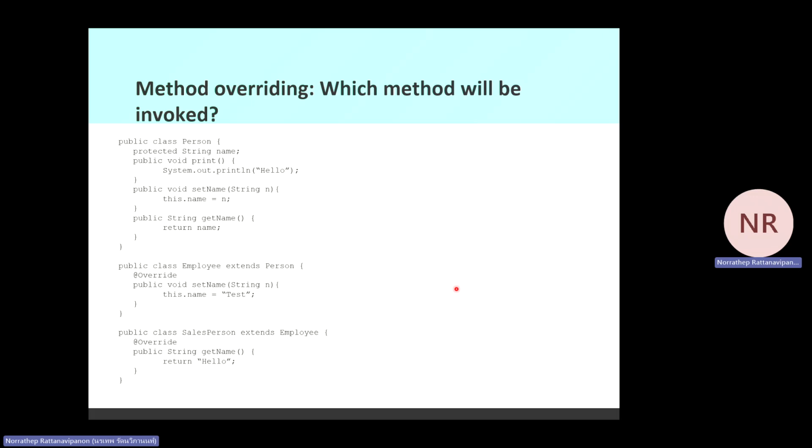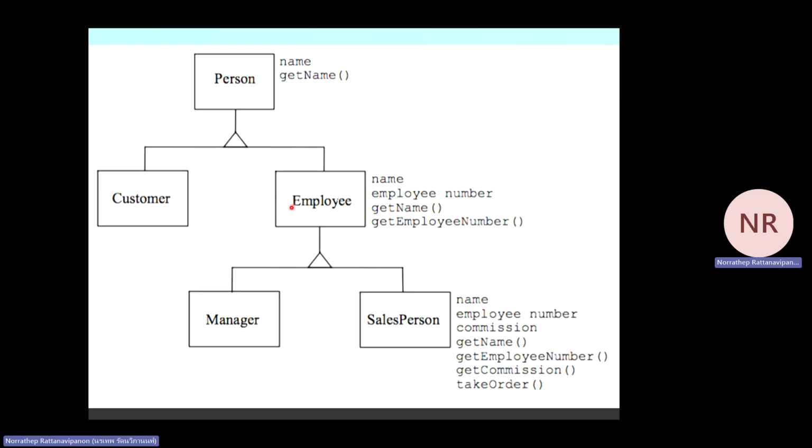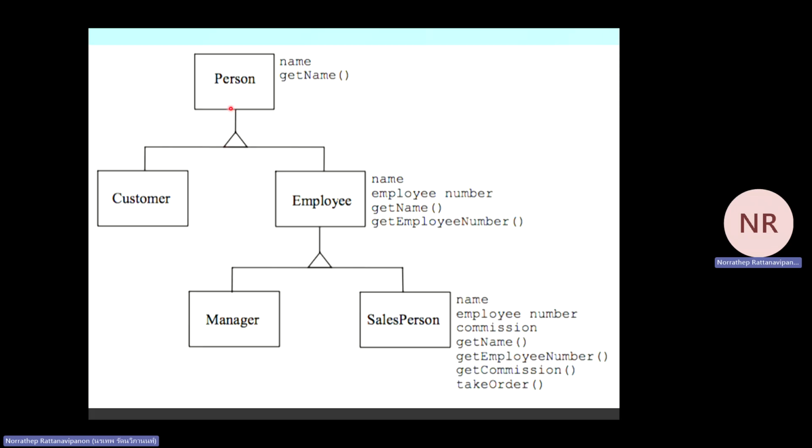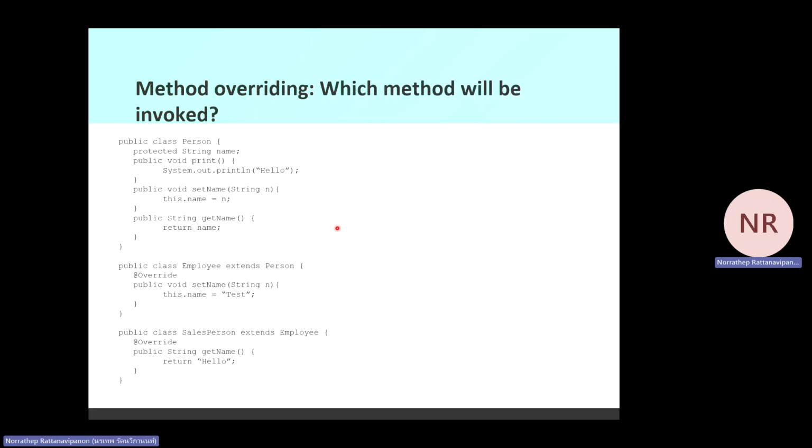So now, what happens if you have a class hierarchy and you do method overriding? Let's see. I have three classes: person, the topmost class; employee, the subclass of the person; and salesperson, a subclass of employee.